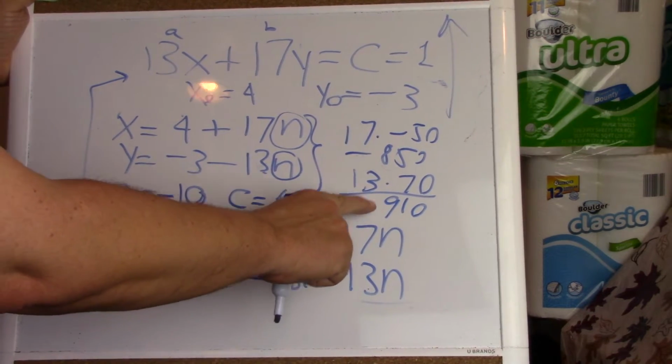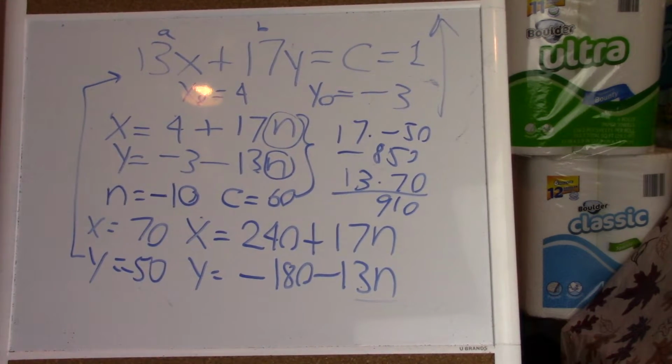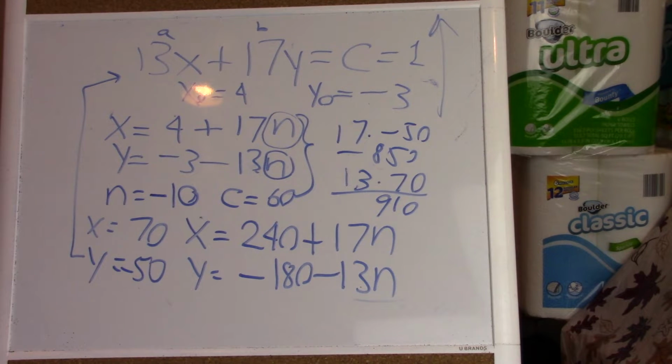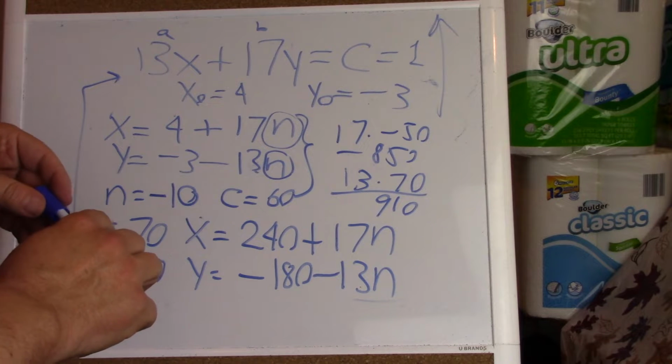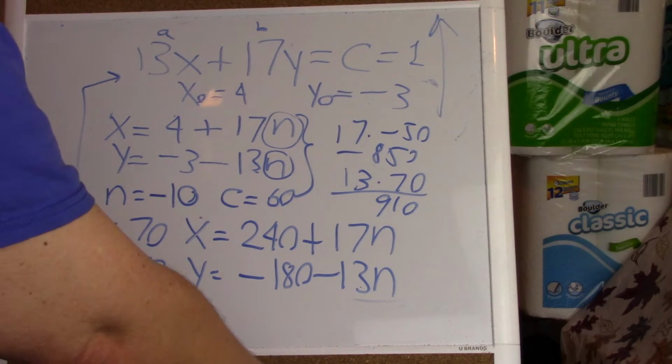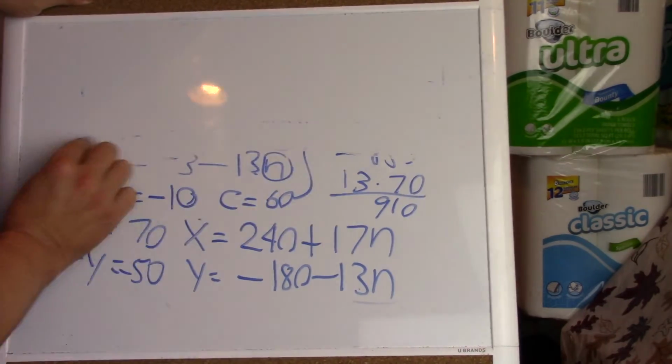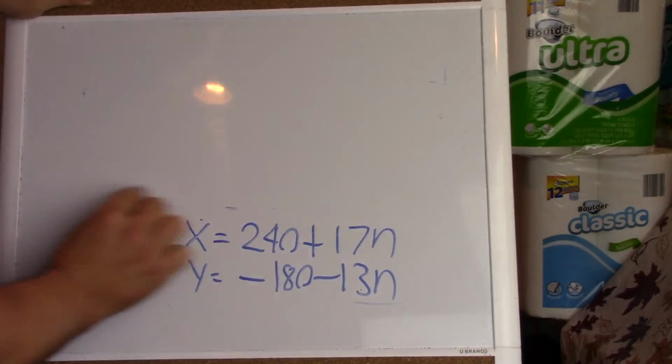And sure enough, 910 minus 850 is 60. So just to give you an example of the connection between the greatest common denominator, the Euclidean algorithm that you use to find the greatest common denominator, and then the linear diophantine equations.